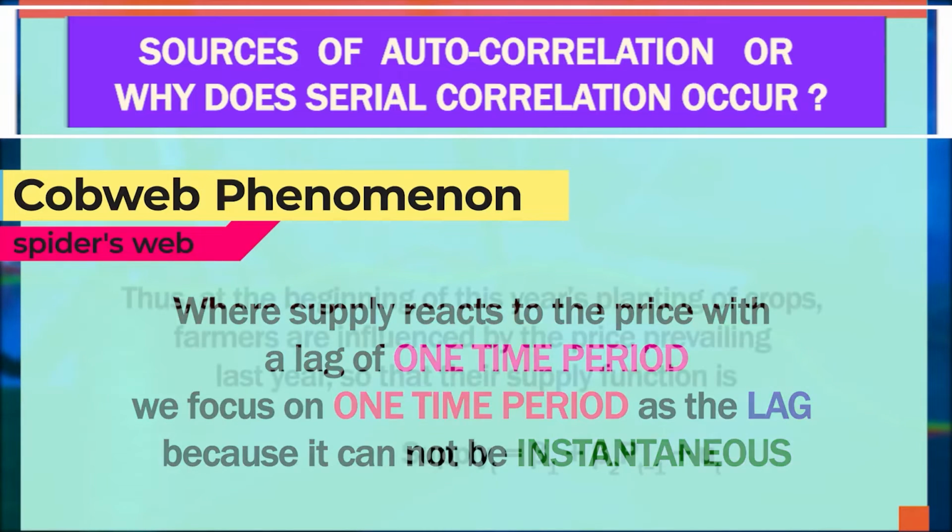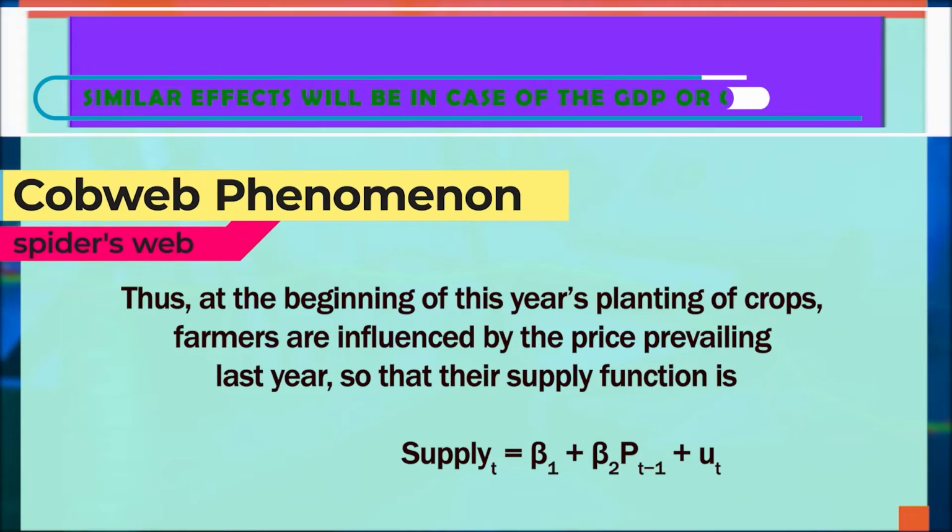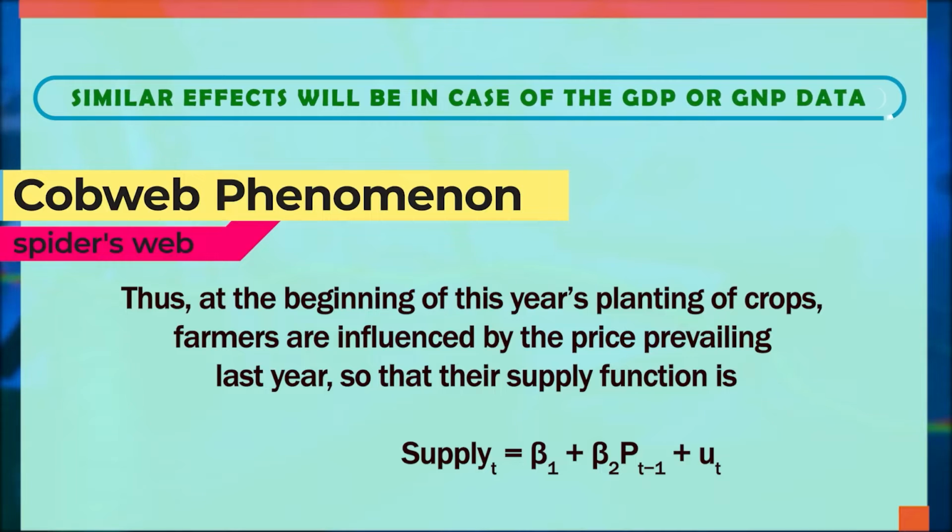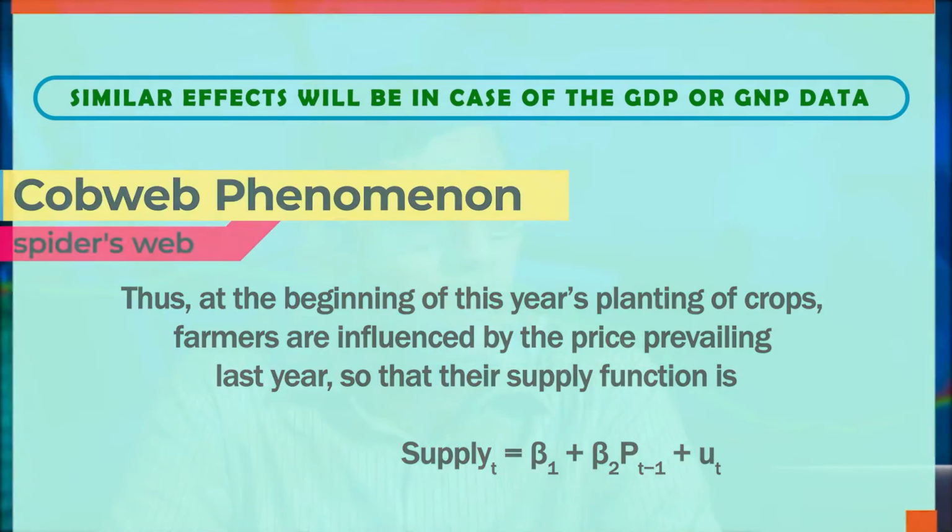A similar effect will be seen in the case of GDP or GNP data, where there is a lagged variable included in the series. So supply decisions take time to implement. Since there is a lag of one period, the decision cannot be taken in the current period. It requires time. So at the beginning of this year, the planting of crops or any kind of plantation can be influenced by the prevailing conditions of last year.